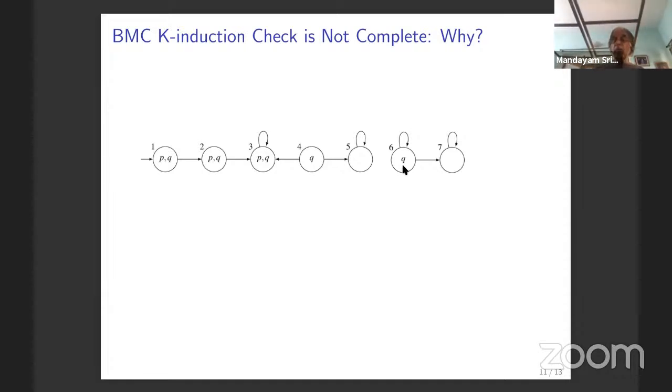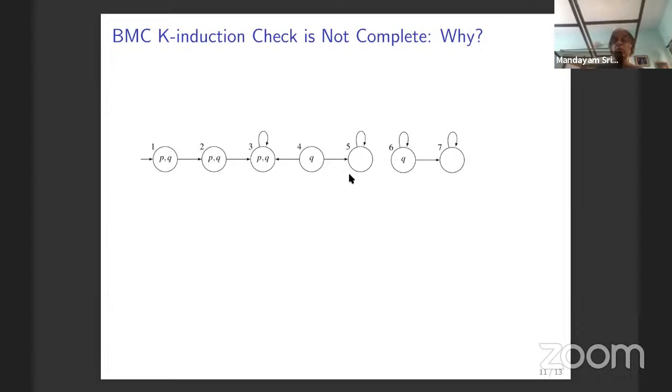Because it goes to state 7, right? For longer and longer paths that all satisfy Q, there is always a state that violates Q, but that is not reachable.